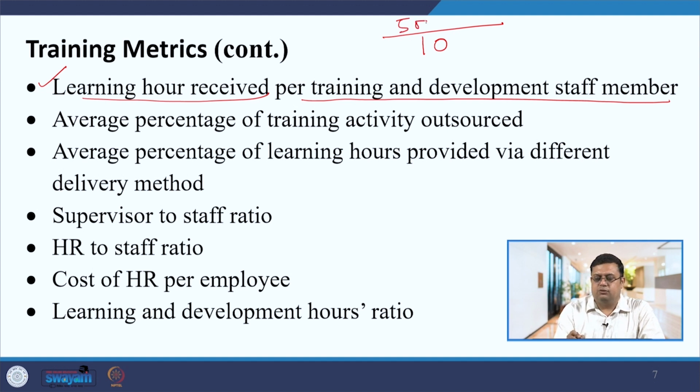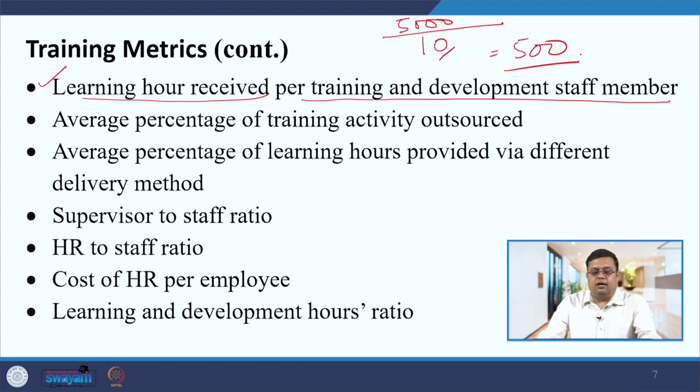Let us assume 5,000 hours, and total employees are 10 in the learning and development department. So, 500 hours is the learning received per employee.